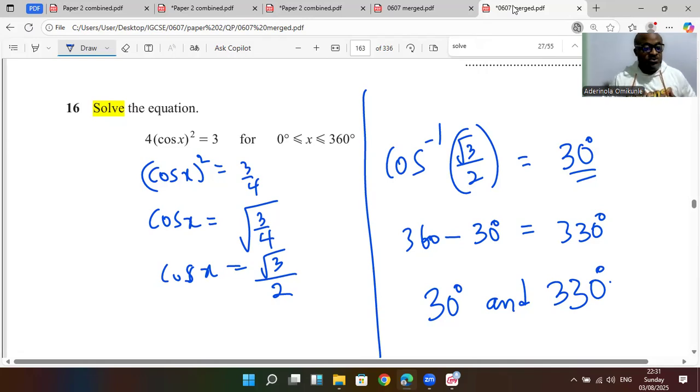And so that's how the no calculator questions can be. The no calculator questions are usually based on the special angles we know: 30, 60, 45 basically. Okay, so you must know the sine of 30, cos of 30, tan of 30, same thing for 60, same thing for 45. But you know that 60 and 30 are basically related.